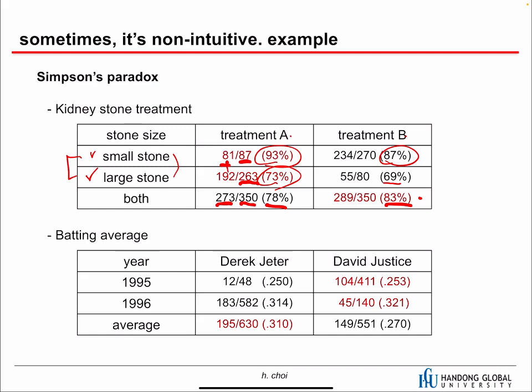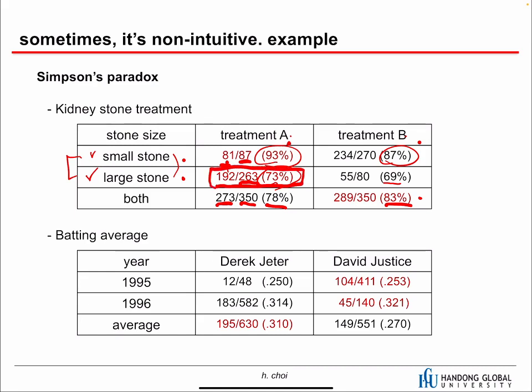So individually, treatment A was better than treatment B for small stones and for large stones. But if we calculate all of them together, then treatment B is more successful. This is a little awkward. And where's the problem here? The problem is here.